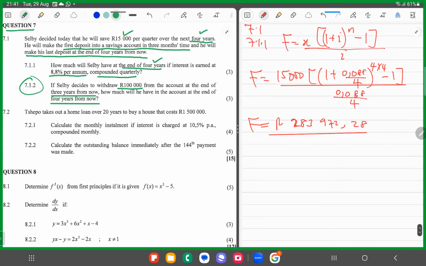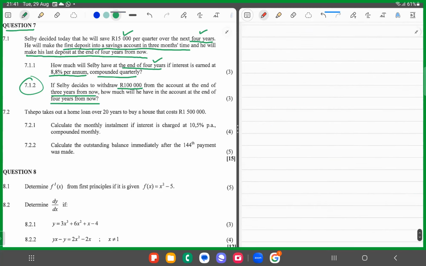So in 7.1.2, Selby decides to take the amount of money 283,972.28 minus 100,000.